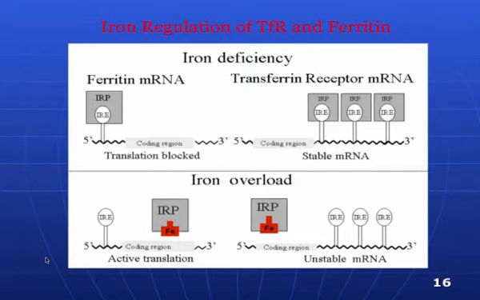In iron deficiency, the bifunctional protein functions as IRE-BP. It binds the iron response elements in the 3' end of transferrin receptor mRNA and protects it from RNase degradation.